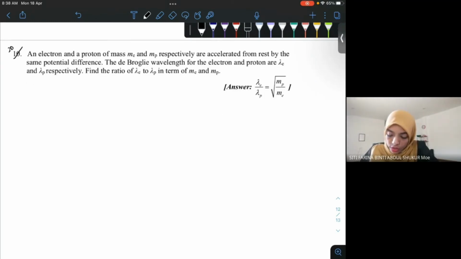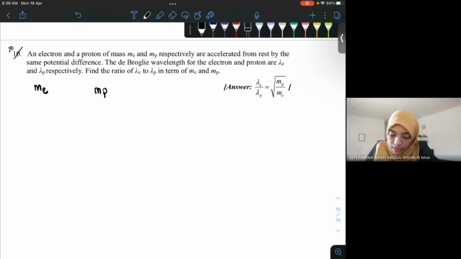And then we have question 10 here. An electron and proton of mass Me and Mp respectively are accelerated from rest by the same potential difference. Okay, so sekarang kita ada dua partikel yang berbeza and we know each of these particles akan ada mass dia tersendiri, mass of electron given as Me, mass of proton given as Mp dekat sini.